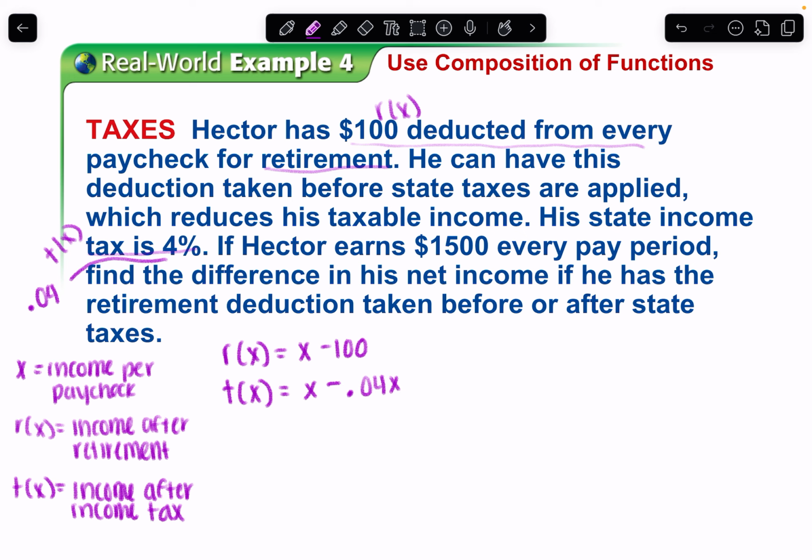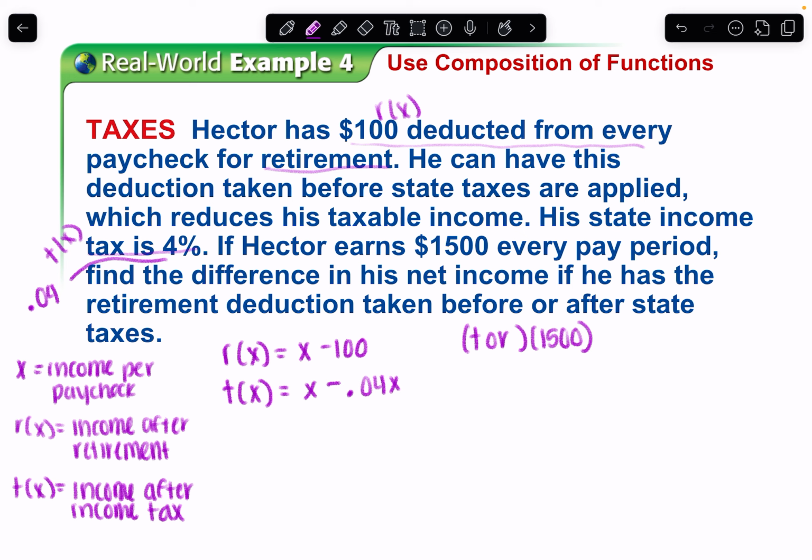The first thing we are going to look at is T of R. Similar to the compositions we did yesterday with F of G, I'm going to do T of R of $1,500, meaning I'm now plugging in real numbers in place of X, since I have an actual scenario.